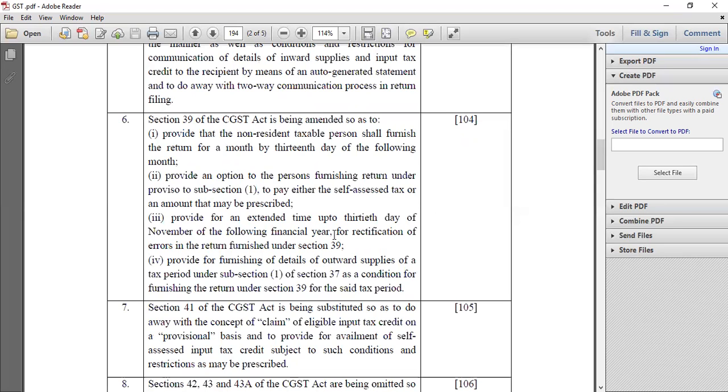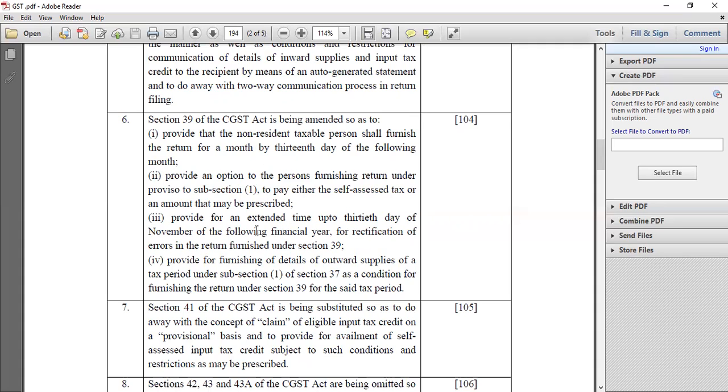Generally speaking, for rectification of errors, availment of input tax credit, issuance of credit notes, the last date for these activities was the due date of filing GSTR 3B of September during the following financial year.